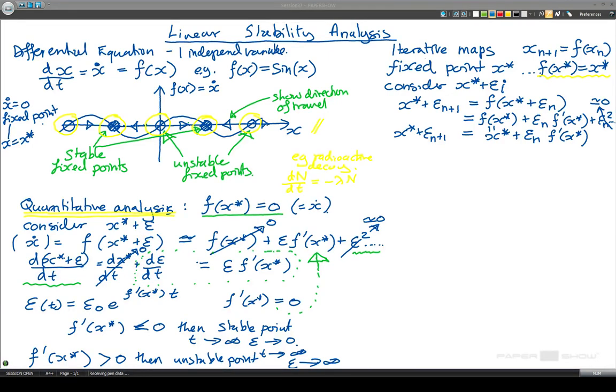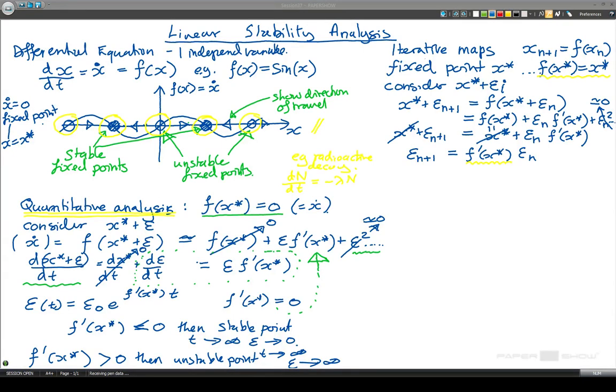But now what we can do is cancel out x star, which we have on both sides. What we're left with is epsilon n plus 1 is equal to f prime of x star times epsilon n. Something to be aware of is that this term looks a bit horrendous, but it's just a number.